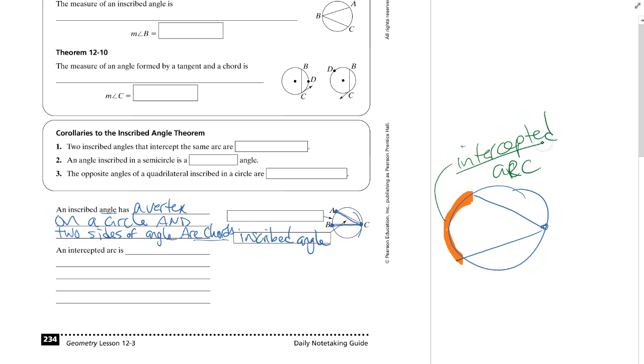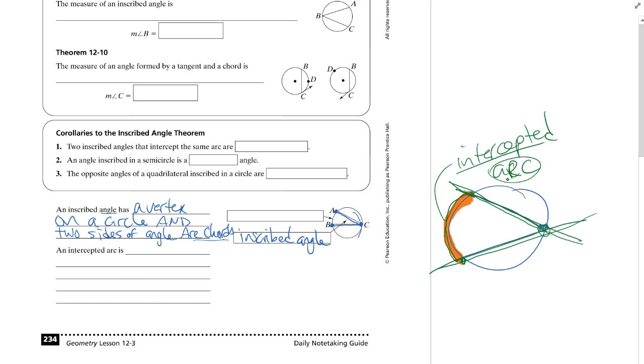Notice we didn't say intersected arc, because what we're really talking about is, well, if we extended this line a little bit and this line, we only want to talk about an intersection as a point, and this thing we want to talk about all the space between this line where it crosses here and this line where it crosses here. So we're going to use the word intercepted instead.